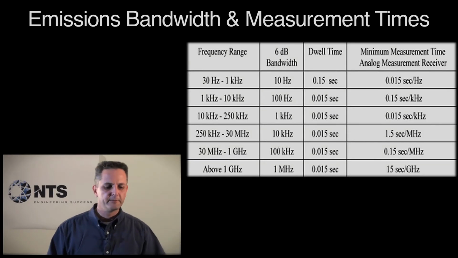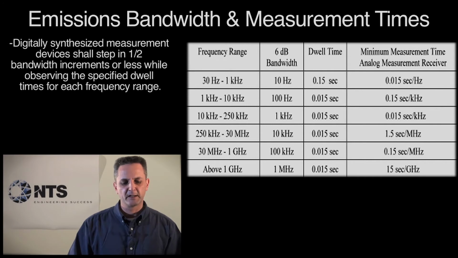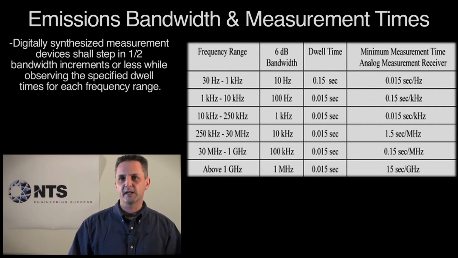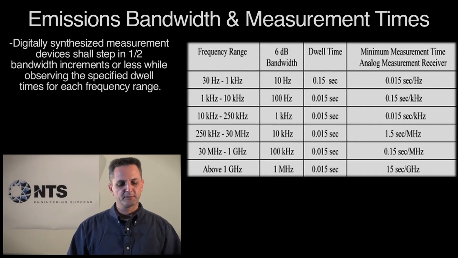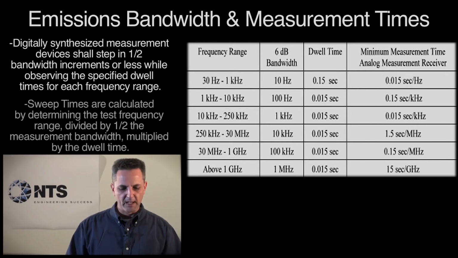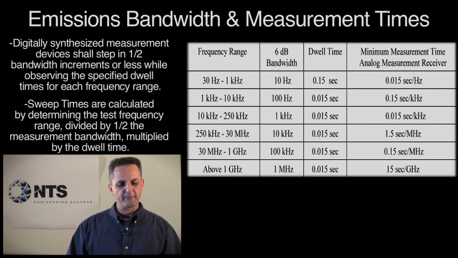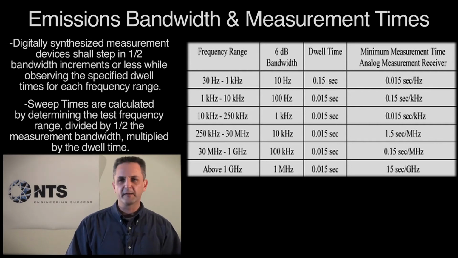The alternative is a digitally synthesized measurement device, or an EMI receiver, which shall step in half bandwidth increments. As you can see, the 6 dB bandwidths would be broken into half or less while observing the specified dwell times for each frequency range. These sweep times are calculated by determining the test frequency range divided by half measurement bandwidth, multiplied by the dwell time.